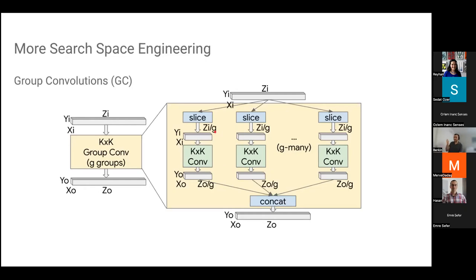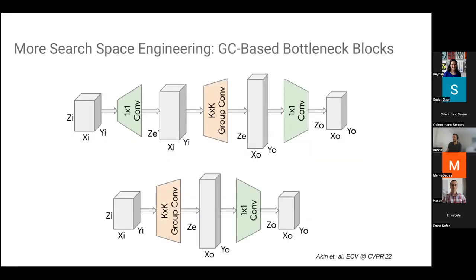You can use it as a knob to configure, right? If you have more and more groups, then it has fewer parameters, but is potentially less accurate. If you have wider, larger groups, then it has more parameters, potentially more accurate, but more costly as well. And figuring out the number of groups in certain places of the network is a great task for AutoML. So that's why we introduced this block.